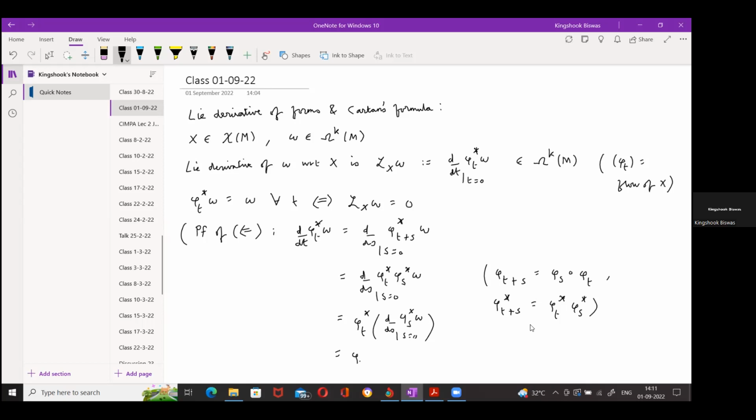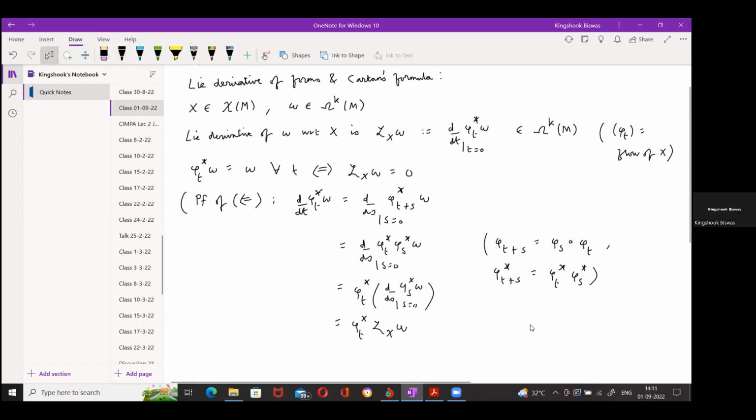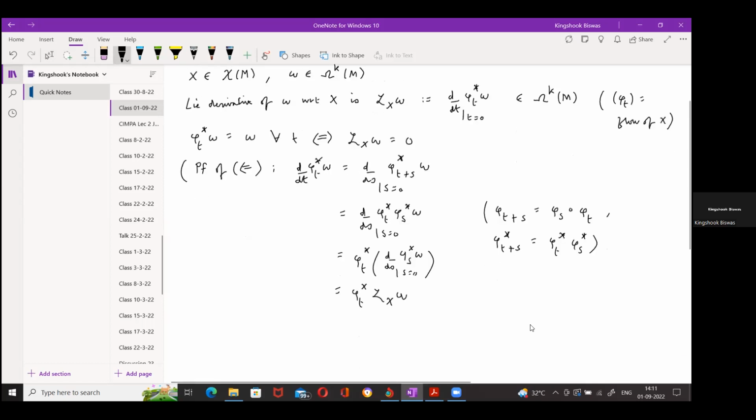So this becomes phi_t star of L_X omega. And so if L_X omega is 0, then this pullback phi_t star of L_X omega is 0. So that means that phi_t star omega is constant. And so therefore it's equal to phi_0 star omega for all t, and phi_0 is the identity, so this is just omega. Is this clear?